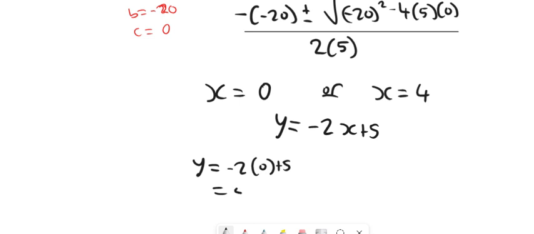That just gives me 5. And if I put the 4 in, I get y is equal to minus 2 times 4 plus 5, is equal to minus 3. And that's it. I got 2 values for x, 2 values for y.